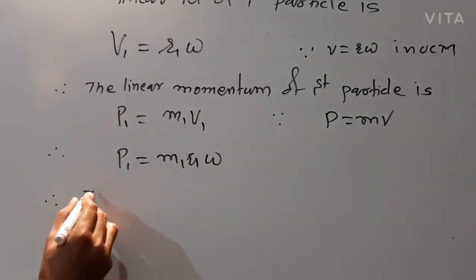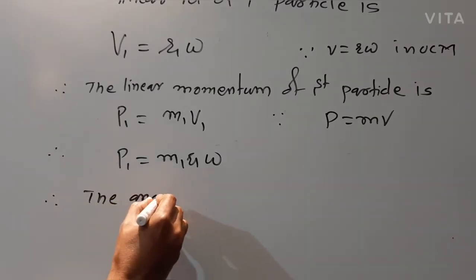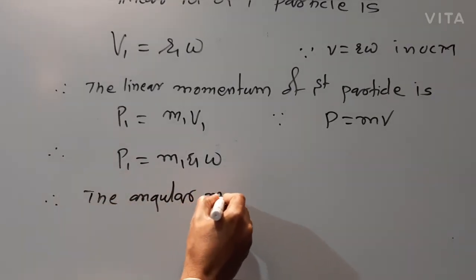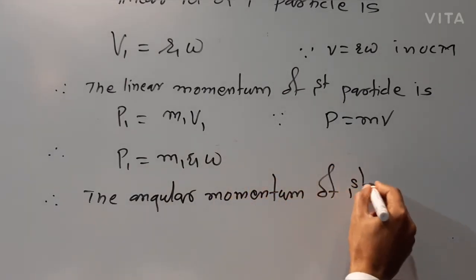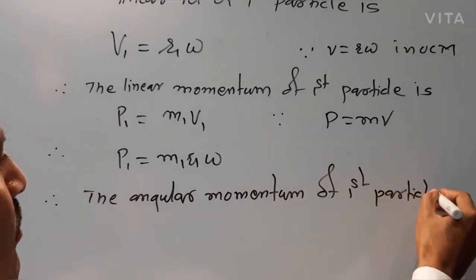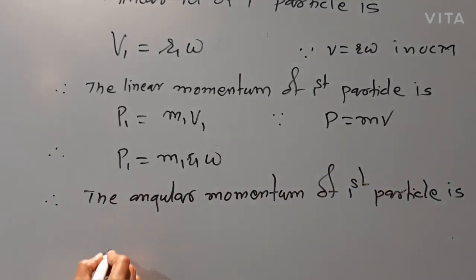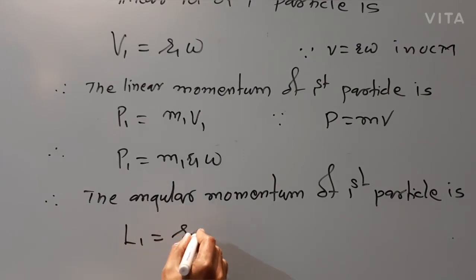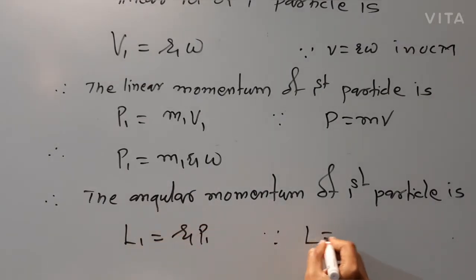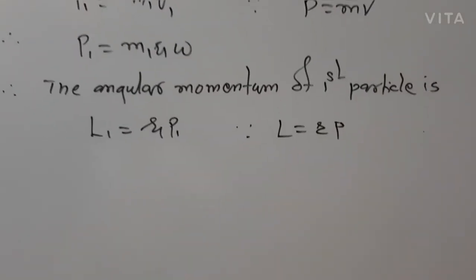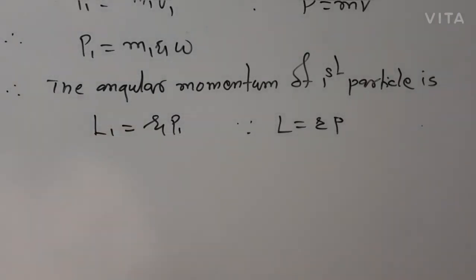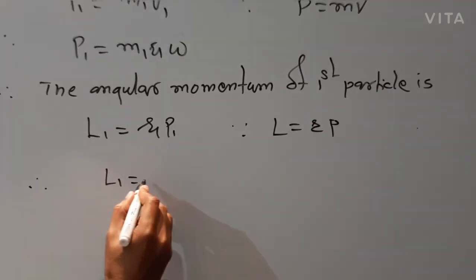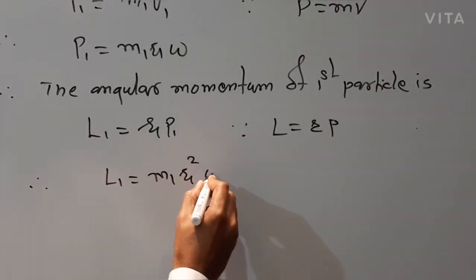Now therefore the angular momentum of the first particle is L1 is equal to R1 into P1, because L is equal to R into P. This is the important formula, L is equal to R into P, from which we express the linear momentum of the first particle, and therefore L1 is equal to M1 R1 square omega.